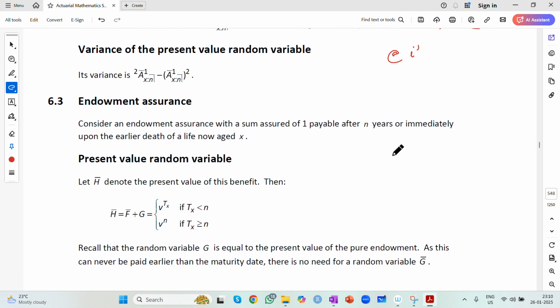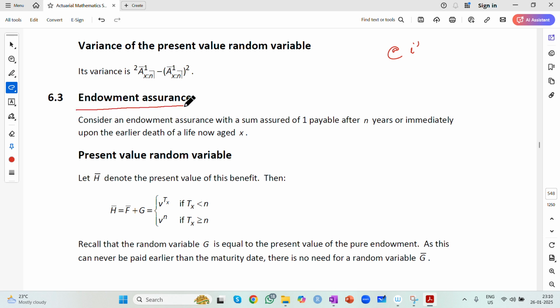Then comes endowment assurance. As in the past, if the person dies before n years, he is paid immediately at the time of death, or if he survives the n years, then he is paid at the time of maturity of the contract.